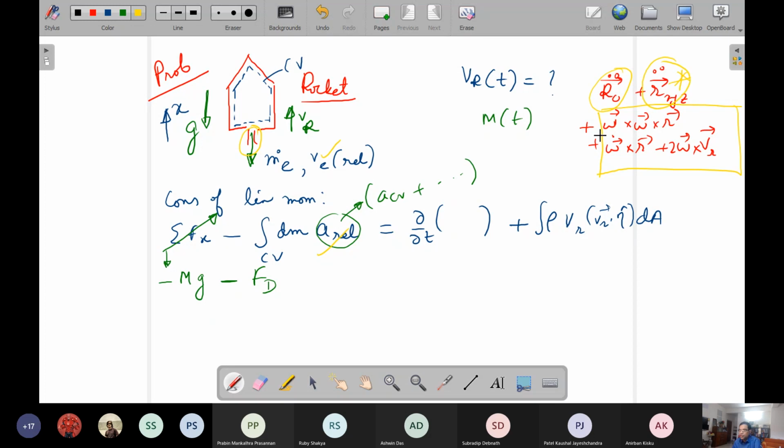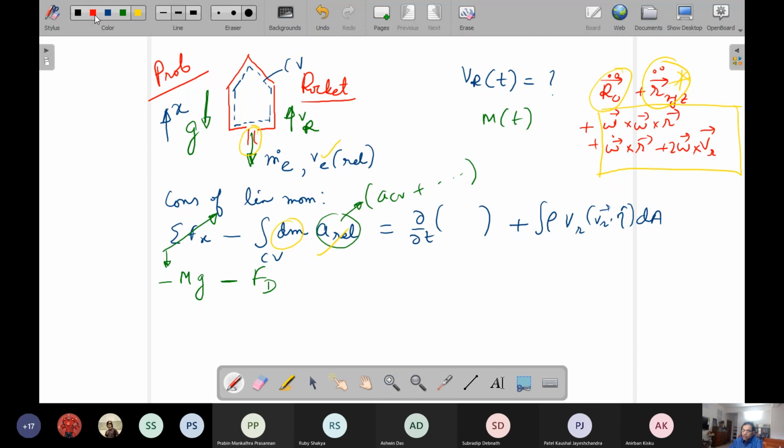So this we do not consider, with an understanding that the velocity of the fuel, or products of combustion, relative to the rocket within the rocket is small, and wherever that relative velocity is generated, that corresponding mass is also very small. So you can imagine that this product is not there.